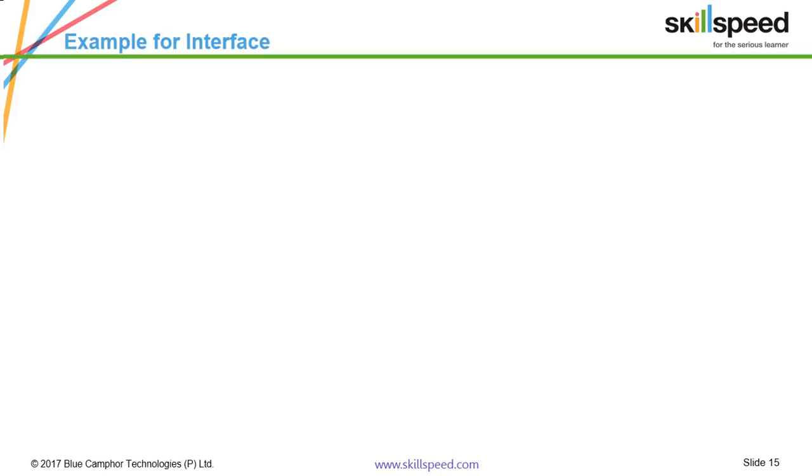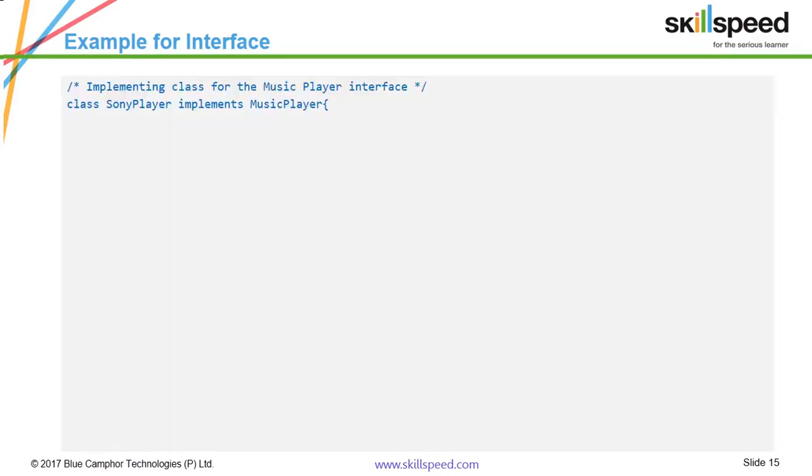If you look at the examples, we have class SonyPlayer which is implementing the interface MusicPlayer, and since we are implementing the MusicPlayer interface, we have to define all the methods of the MusicPlayer interface. So we are defining public void play with a method body inside, where I am just printing play method implementation in Sony player.